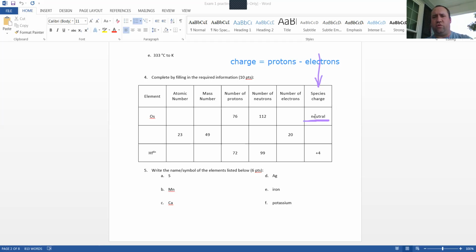If it's neutral, then the number of protons and the number of electrons is the same. If it's not neutral, then you have to look at how it is different. If I look at hafnium here, I've got a positive 4 charge and 72 protons. The number of electrons there would have to be 68 to account for that difference.